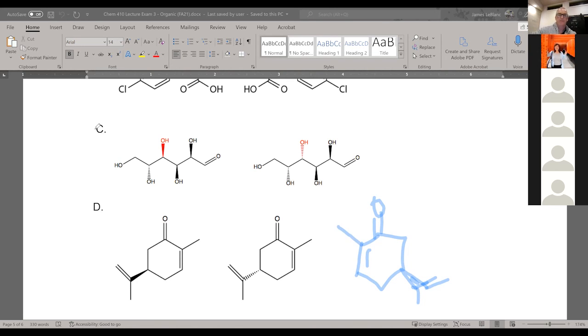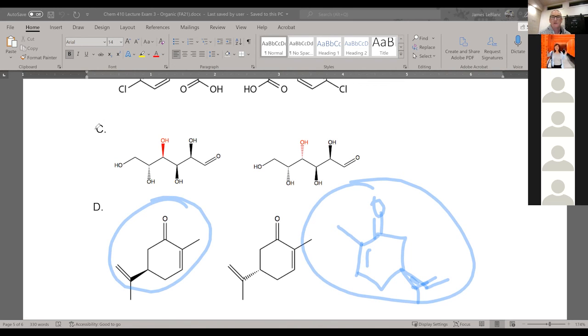And this. So notice that this is no longer a mirror image. They're both pointing in the same direction. And this double bond is on the different side, and the methyl group is on the different side.